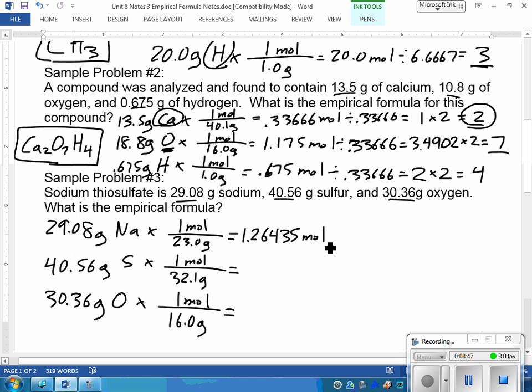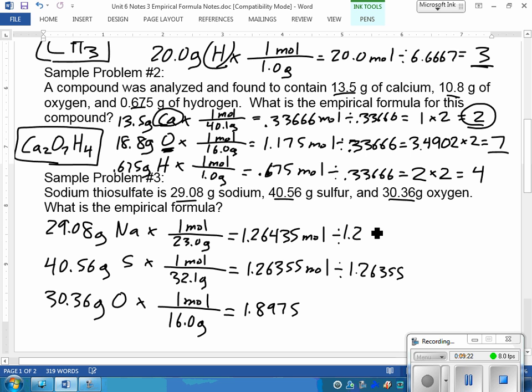And then I've got 40.56 divided by 32.1, 1.26355. Now going 2 past on this isn't that big of a deal because we're going to end up dividing them by themselves, but it's good practice to get into. 30.36 divided by 16 gives us 1.8975.